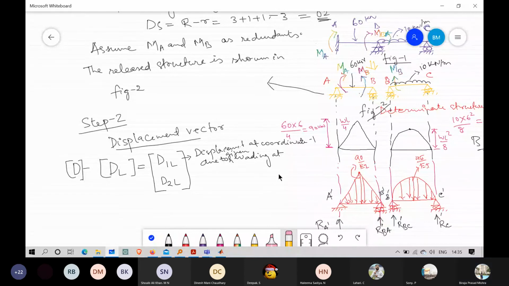Next, this one is the displacement at coordinate 2 due to the given loading.